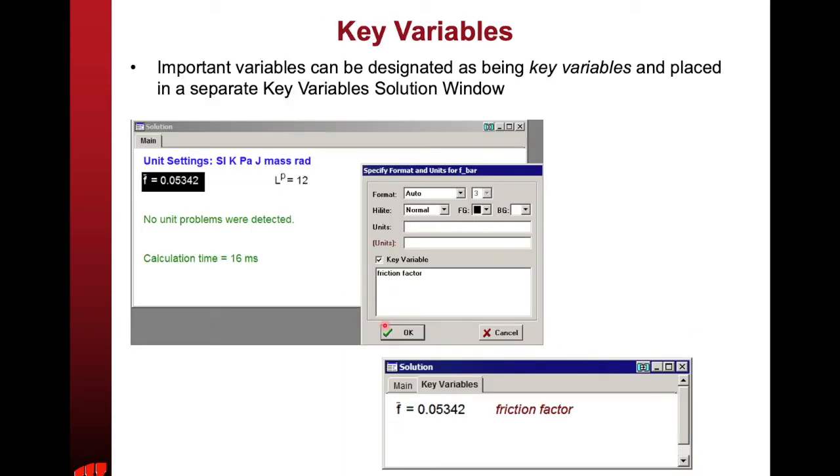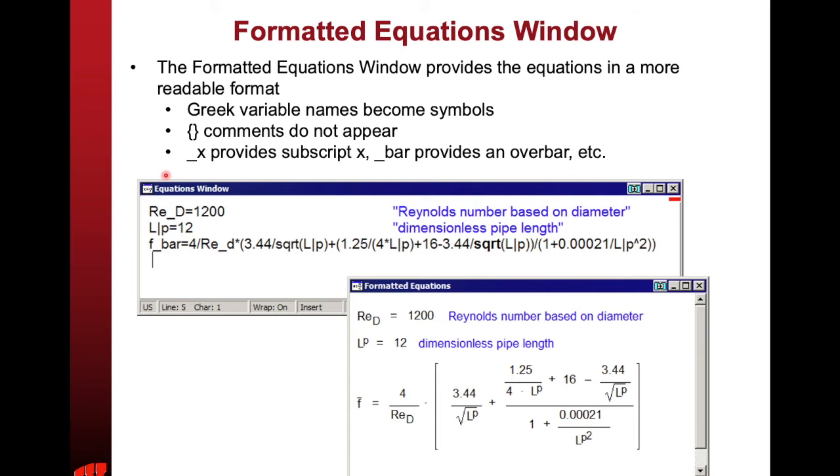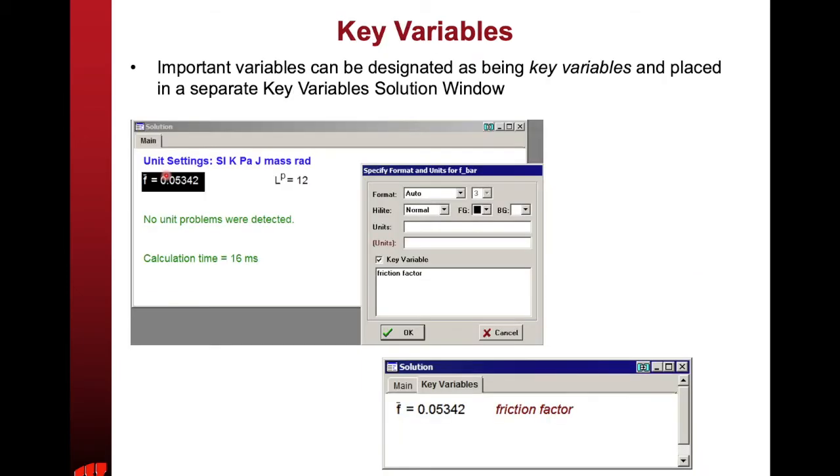Secondly, you will probably do problems that have literally hundreds of equations and hundreds of variables. Sometimes maybe all I want to know is f. I don't know what f is here. It looks like it's something to do with the Reynolds number and friction factors. So all I want to know is f, so I right-click on f and say, hey, this is a key variable.